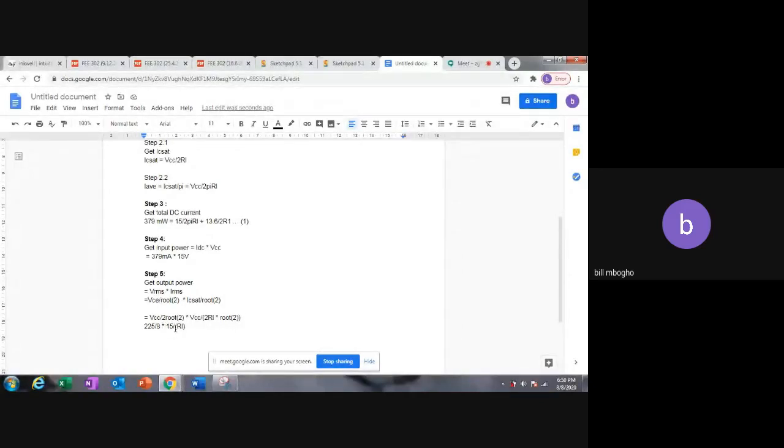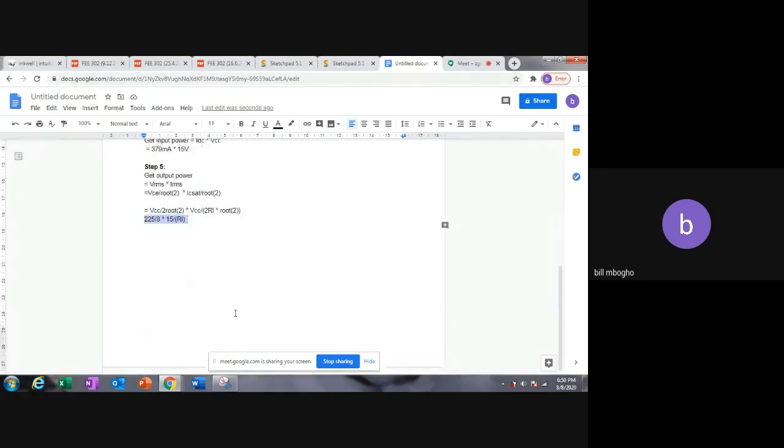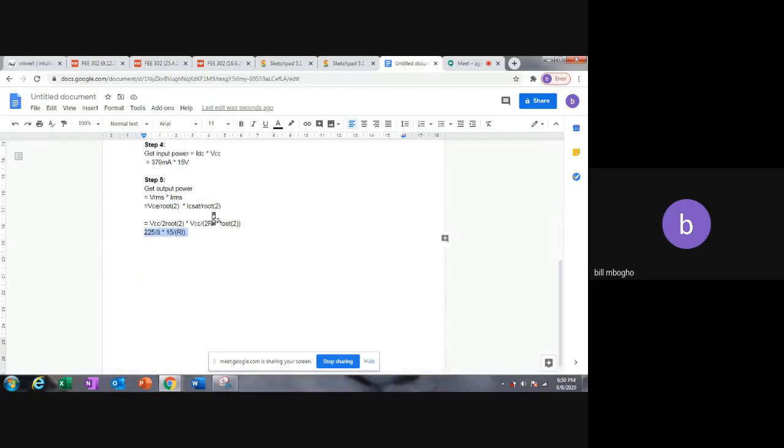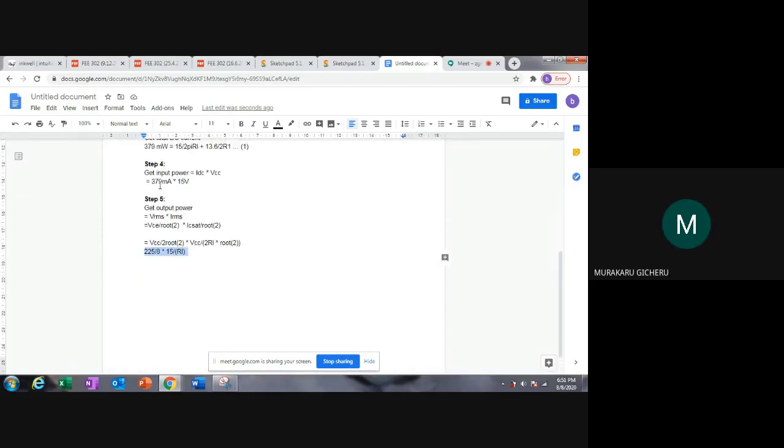So this is going to be 15 over RL. Now you can see the two equations I was telling you guys about, this one here and this one here. But we haven't finally got the second one, because this one here is just output power. Now we don't have the final output power, but what we do have, yes.